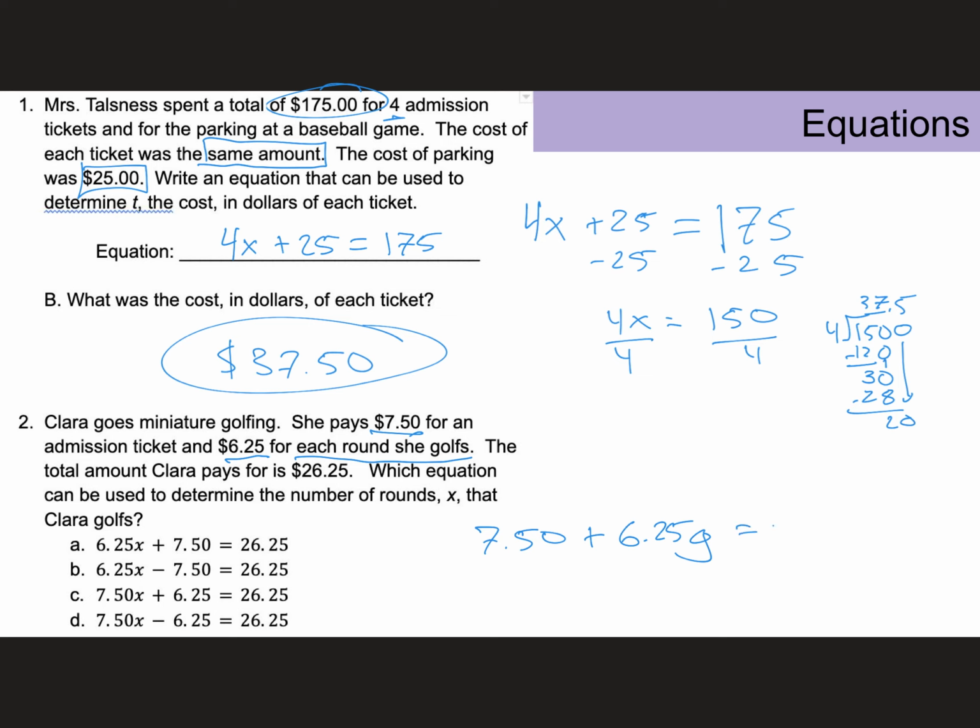And in total, she paid $26.25. So this is my equation. I just need to find out which one that is. So which of these equations is equal to that? It's A. $7.50 to walk in, and then $6.25x for how many rounds of golf. So A.